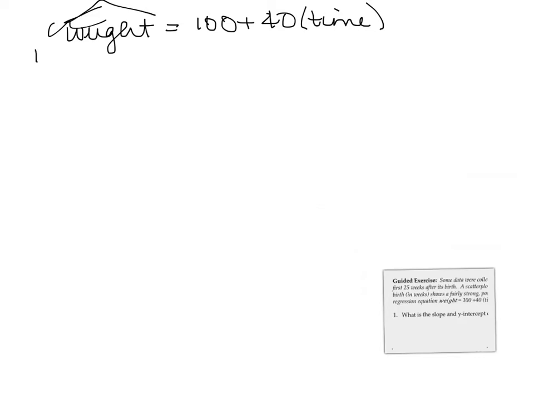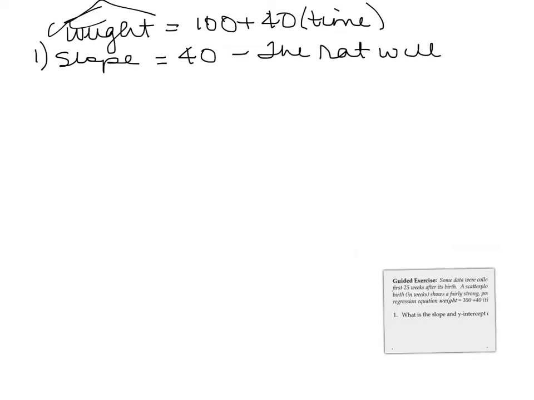So the first question we're asked is, what is the slope and y-intercept, and interpret? Well, the slope is 40, and that means that the rat will gain 40 grams per week.